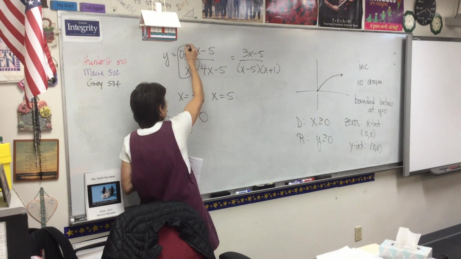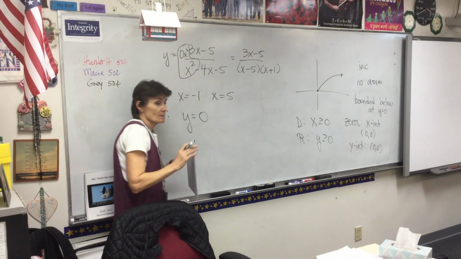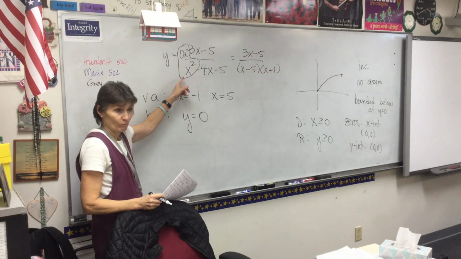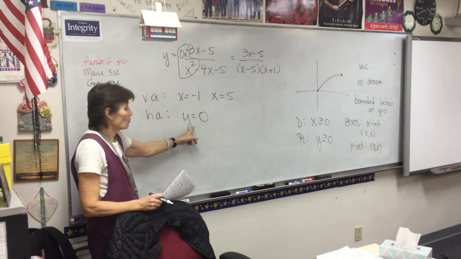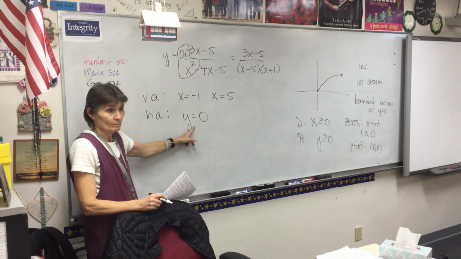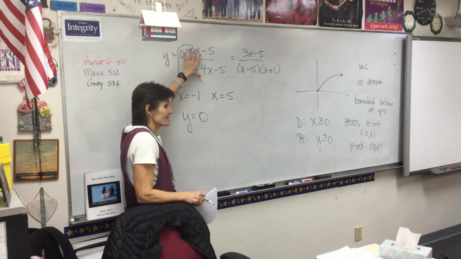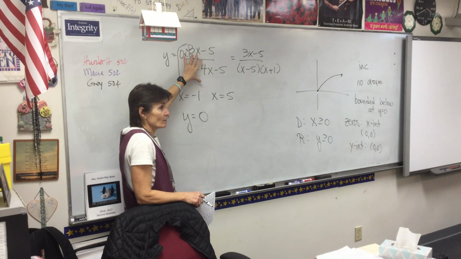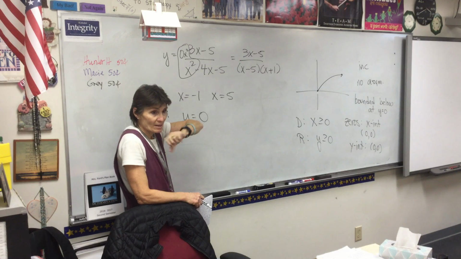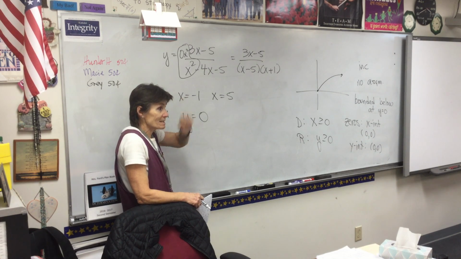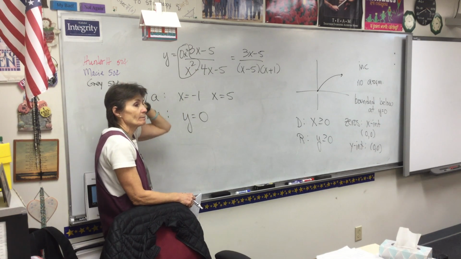There's no x squared, so it's actually 0 over 1, which is y equals 0. When you box these in to get your horizontal asymptote, the powers have to match. So if you're missing something, you have to put 0 in.